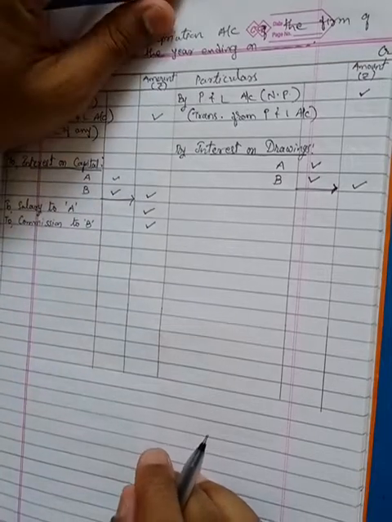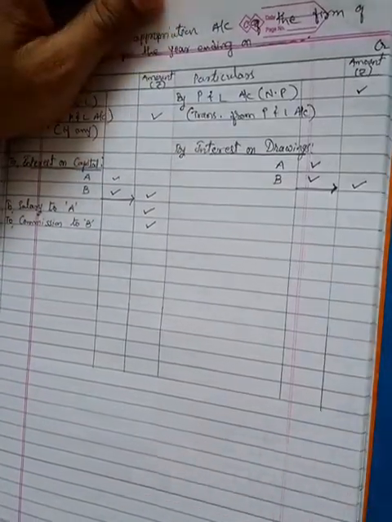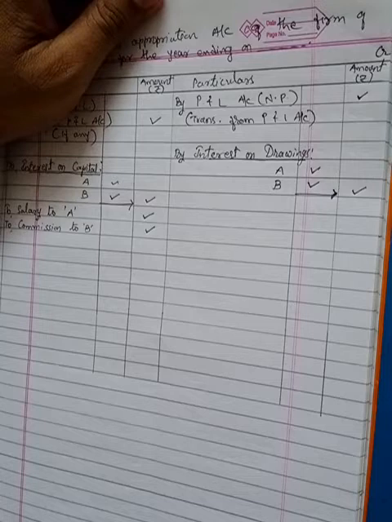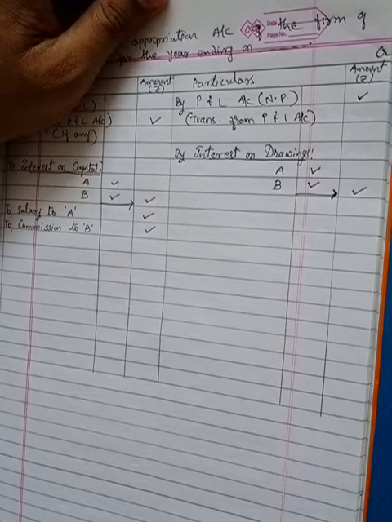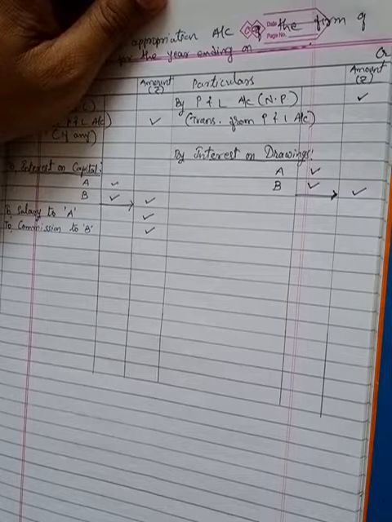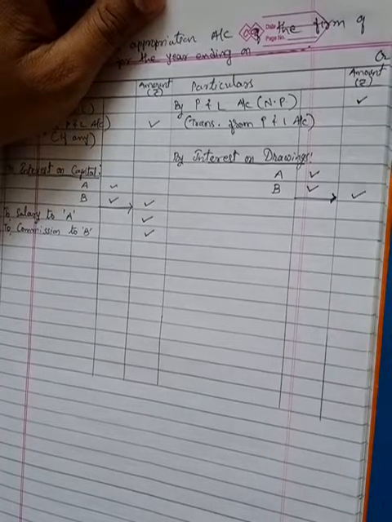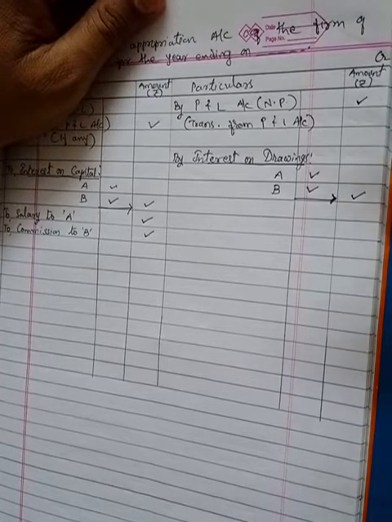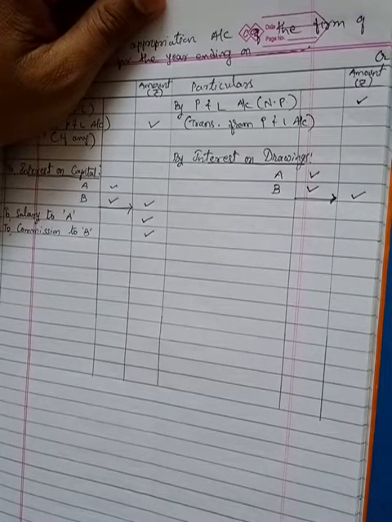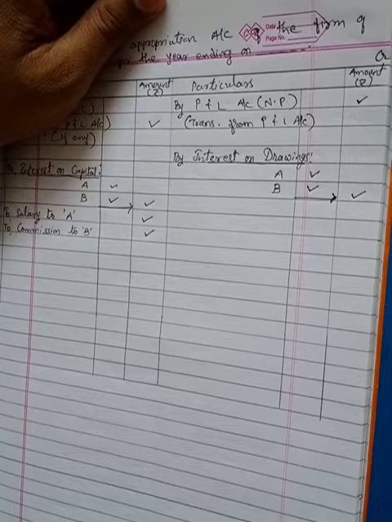After this, there is one additional thing available when we use the second method of preparation of capital account, that is fixed capital account method. Then in that case there is interest on opening balance of current account available. So that also we have to mention over here. Just like interest on capital and interest on drawings we have recorded, same way interest on opening balance of current account can be recorded.